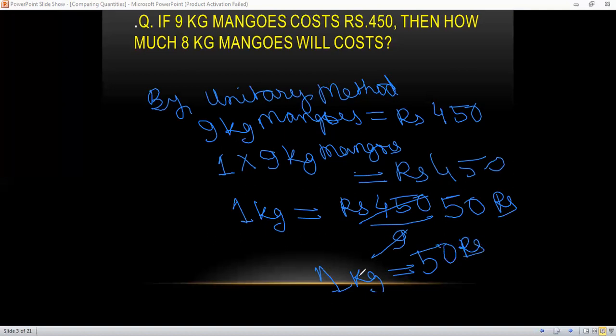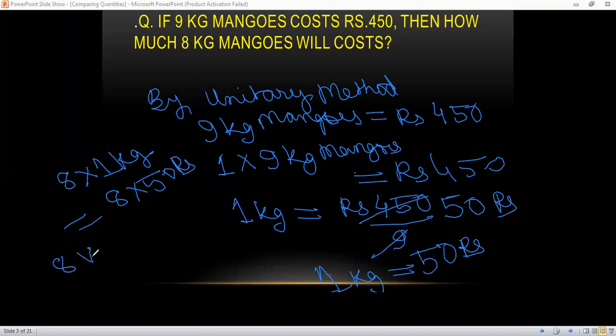Now, how will we find the cost of 8 kg mango? I will multiply 8 on both sides. 8 into 1 kg is equal to 8 into 50 rupees.